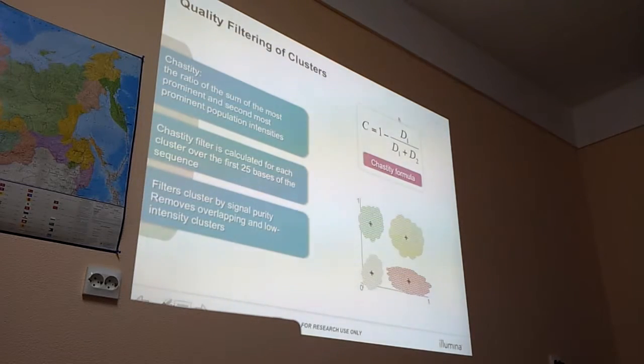And then the chastity filtering is basically for signal to noise. So you make the quotient of the intensity in one cluster over the sum of the two. So this is the highest intensity divided by the sum of the two highest intensities. This is illustrated here.